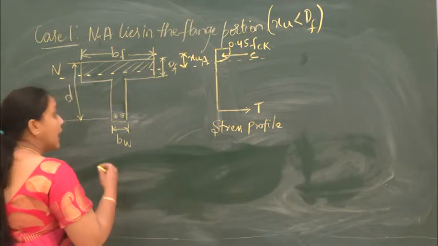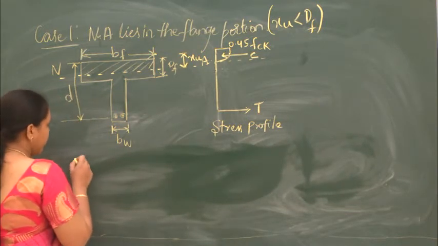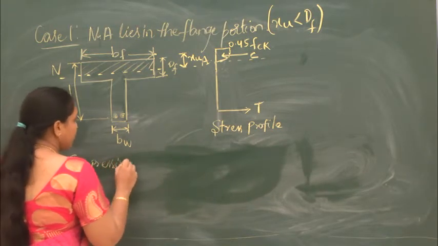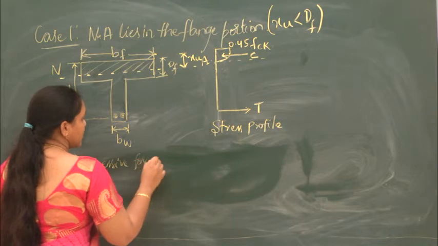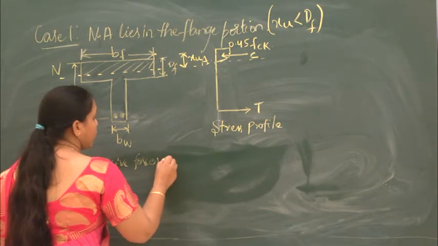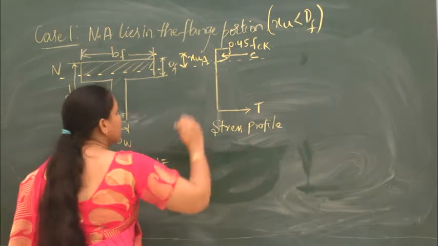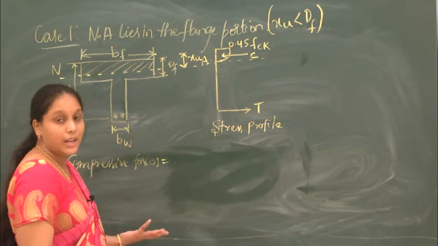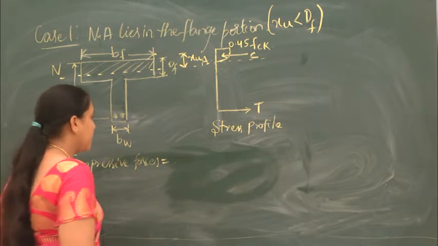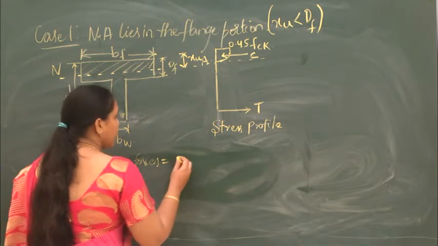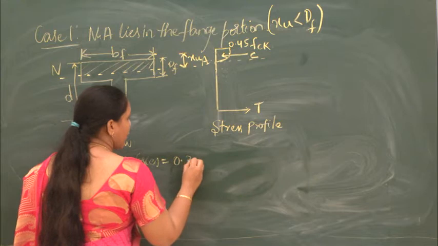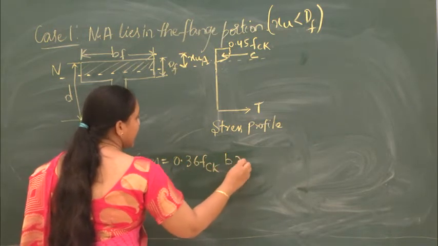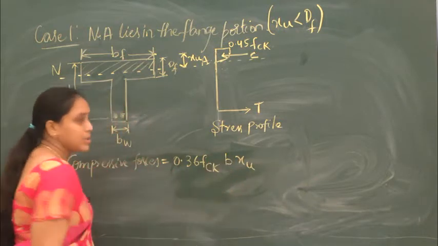So first let me analyze the compressive forces. What will be the total compressive force here? Force is stress into area. You have already derived the equation previously for a singly reinforced rectangular beam. It is 0.36 fck b into xu.